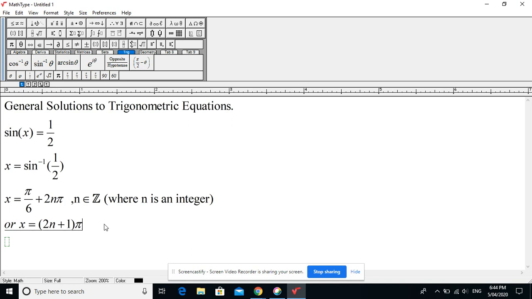Now the reason this works, 2n always gives us an even number, but then when we plus 1, now we have an odd number because an even number plus 1 is always an odd number. And so you always get odd numbers with this expression for how many pi you have.